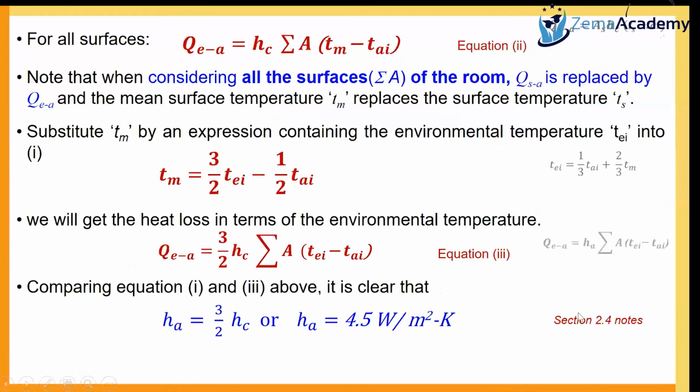With the help of the information that we had previously, we have transformed this HA, HC into a known value. And this value, the convective heat transfer coefficient of air, taken for air point, is 4.5, and it will be used in all the calculations that you will be doing in the coming weeks.